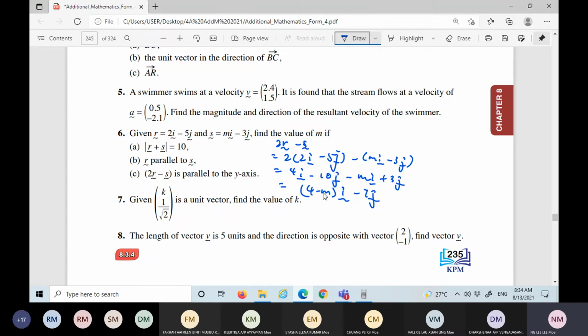Any idea? This is the y-axis. Parallel to the y-axis, which component should be 0?